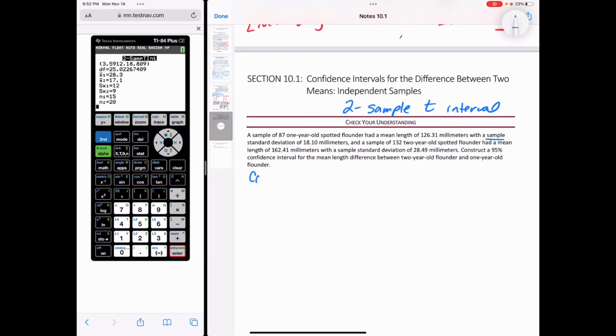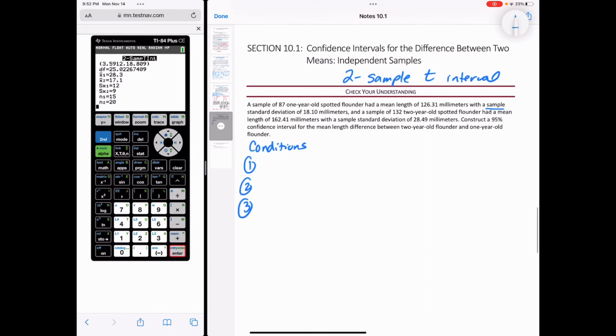And here are my conditions. First one, I'm going to assume 2 random samples. The second one, both of them are independent.